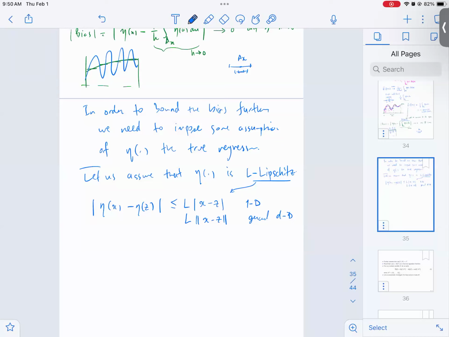Okay. And you can show there's a theorem, I believe by Rademacher, that functions that look like this are differentiable almost everywhere. So this is equivalent to saying eta is differentiable almost everywhere, and the derivative is bounded by L for all x.